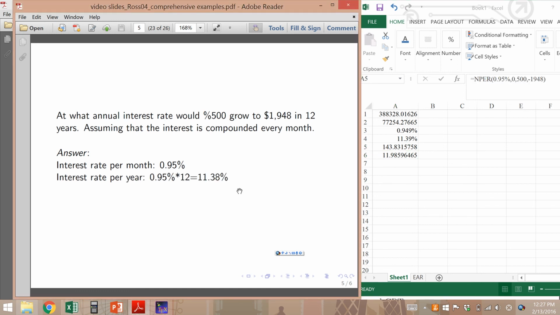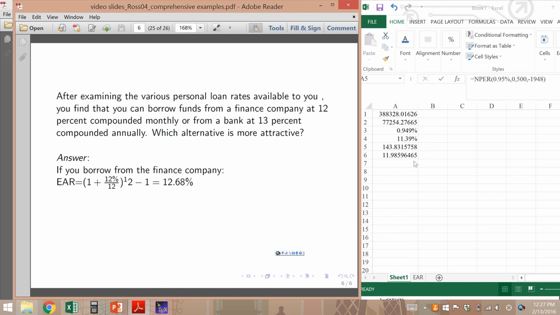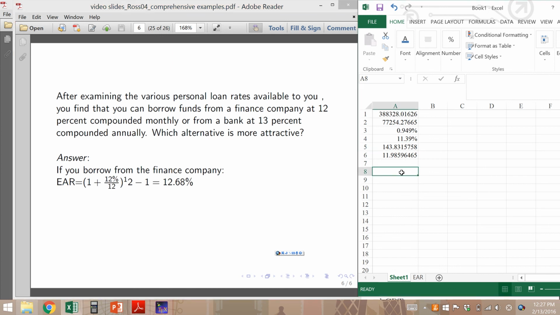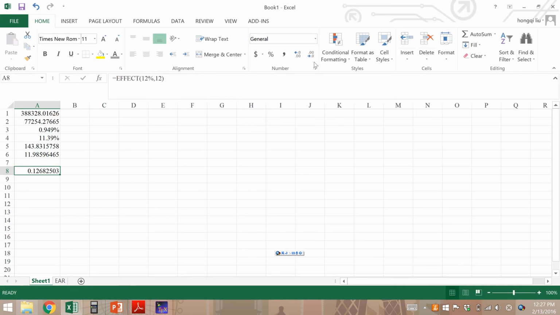Another thing you might want to compute sometimes is the EAR. Excel has a function to calculate EAR as well. To calculate EAR, you use EFFECT. You need to input the nominal rate and the number of periods per year. So the nominal rate is 12%. Number of periods is 12. Let me convert this to percent.